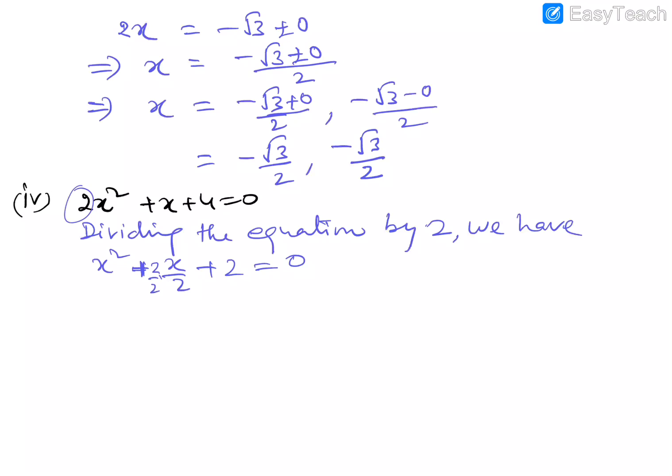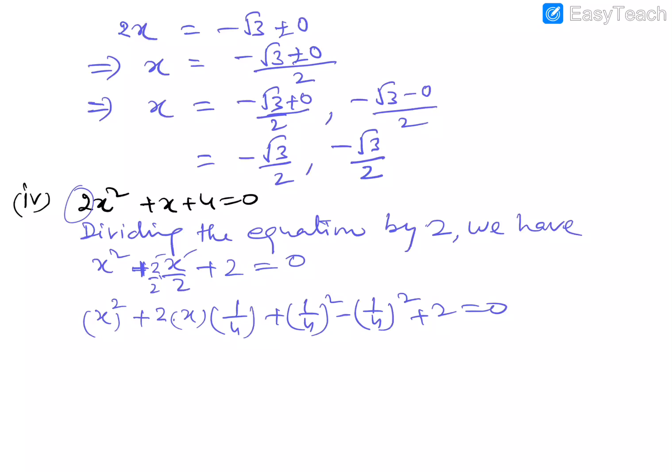Write 2 by 2 here and express it in the form of an identity. 2a is x here, and remaining portion which is 1 by 4, this is b. So add b square and subtract b square plus 2 is equal to 0.